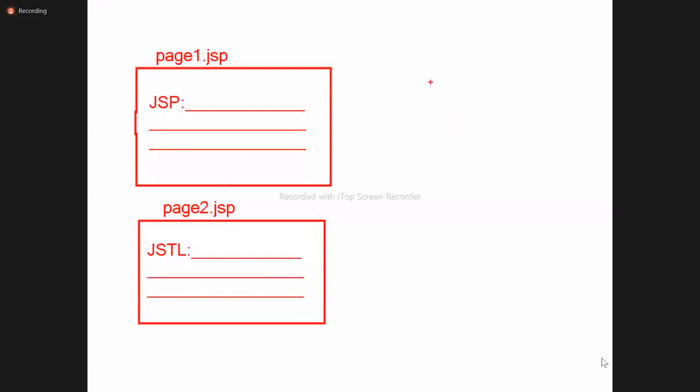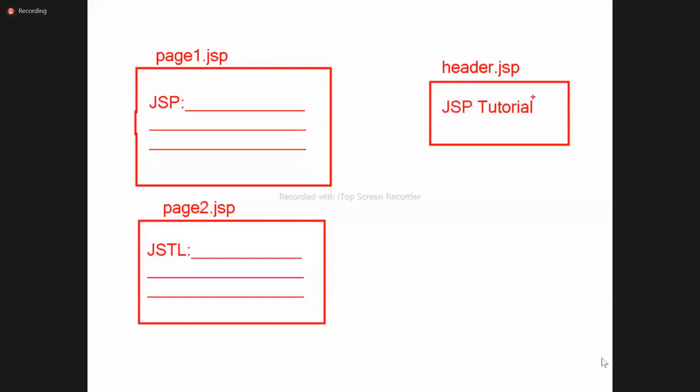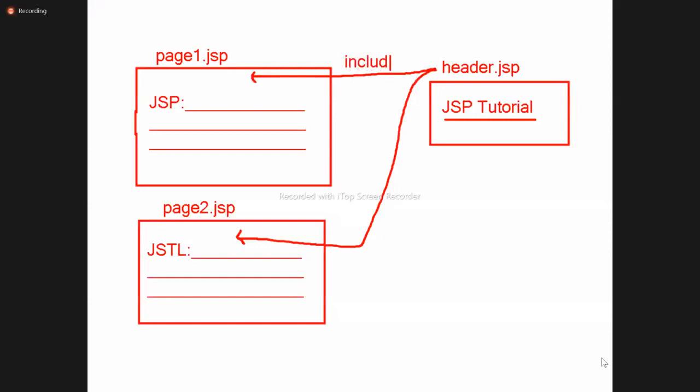Instead of writing it two times in separate programs, I'll write it in one file, suppose header.jsp, with the JSP tutorial heading. I'll include this header.jsp here, so I'll use include, and here also include.